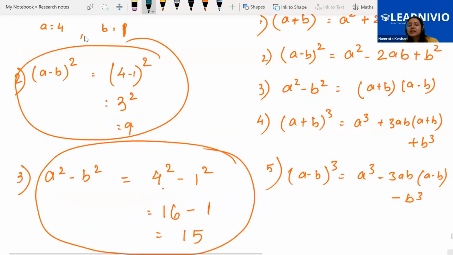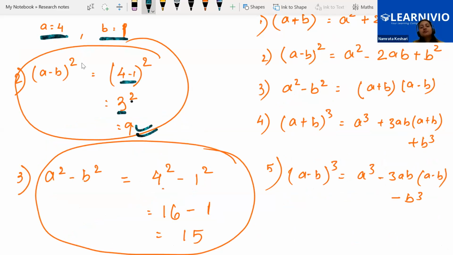Here I was explaining that a minus b whole square means, suppose you have taken a as 4 and b as 1, so a minus b whole square means 4 minus 1 whole square. 4 minus 1 is 3. 3 whole square means 9. So for a minus b whole square, we got 9.